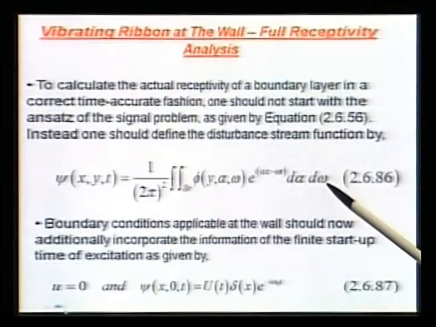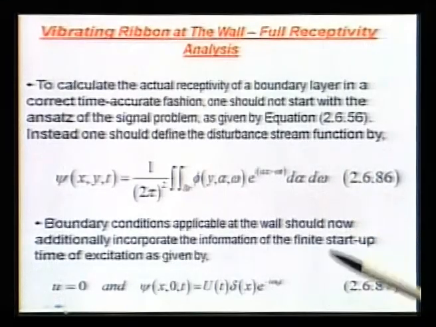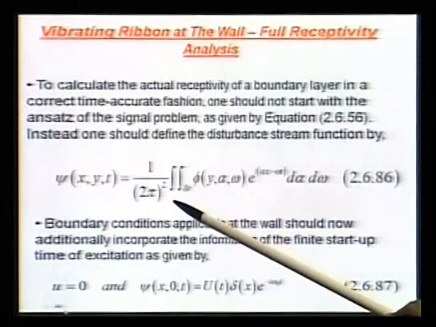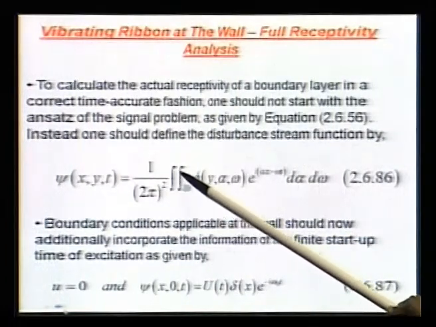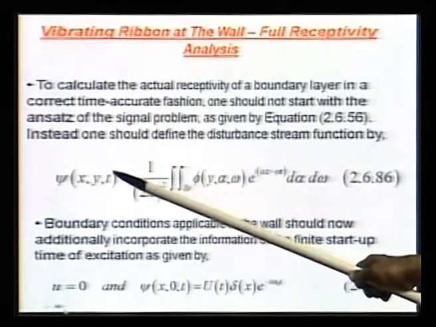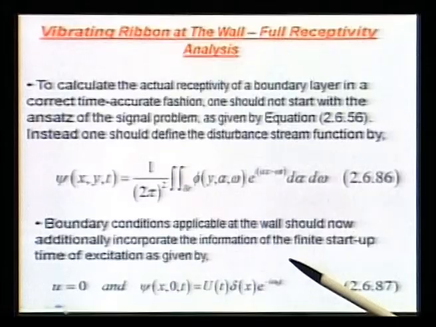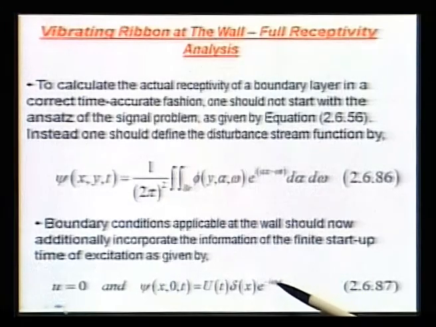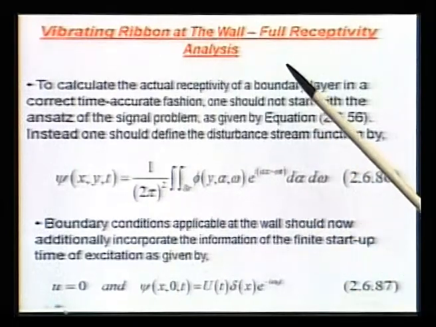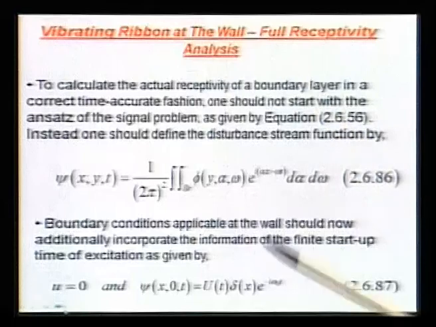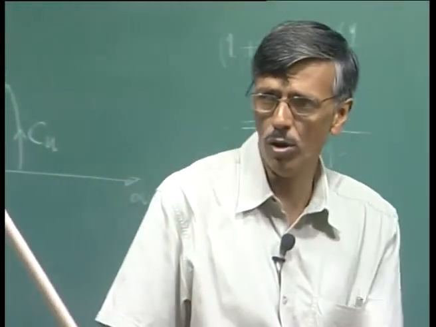Then I will be performing an integral also on omega. So I will have two Bromwich contours, one in the alpha plane, one in the omega plane. And then I would write down, let's say, the stream function given in terms of this. Now, again, we can go back and do all kinds of analysis. But first of all, we'll have to specify what is the kind of excitation we are giving. And we'll start our next discussion, tomorrow's discussion, starting from this. Okay? So we'll be looking at the full receptivity problem.